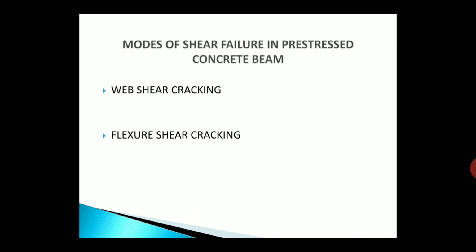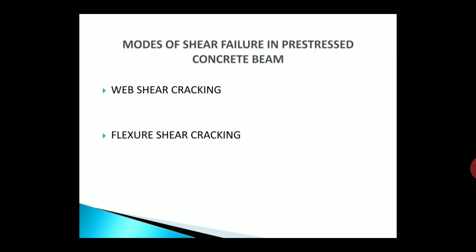When the tensile forces exceed the limiting capacity of concrete, they result in cracking, which in turn results in web shear.